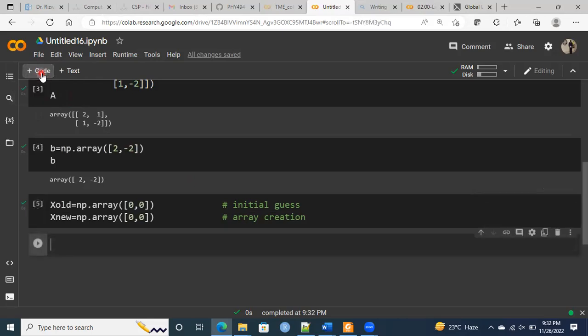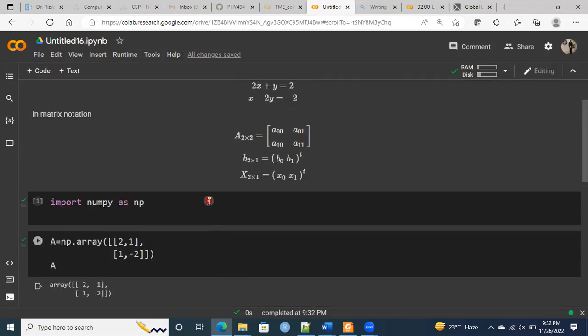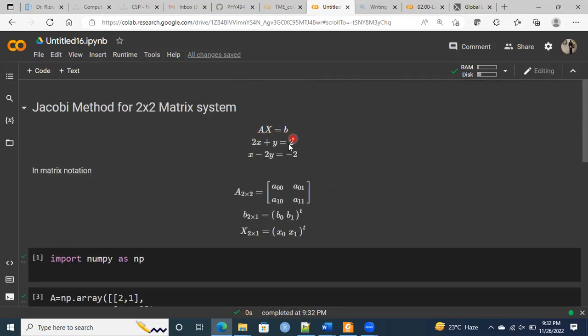Array creation. So this has been successful. And now for the first iteration, we can say from the first equation, it is 2 minus y divided by 2. So a new value of x should be computed by taking all the terms on the right hand side and dividing by the coefficient of x. In our case, that will be the coefficient a00.